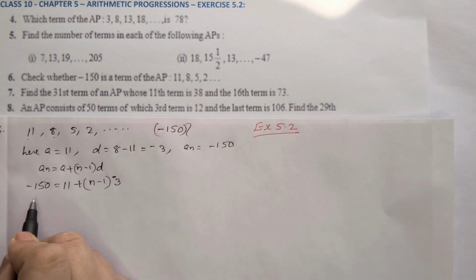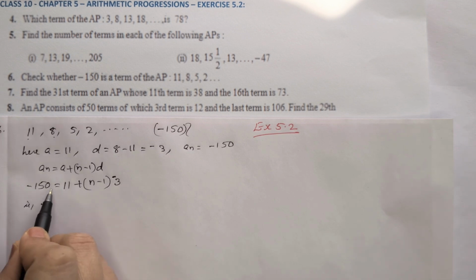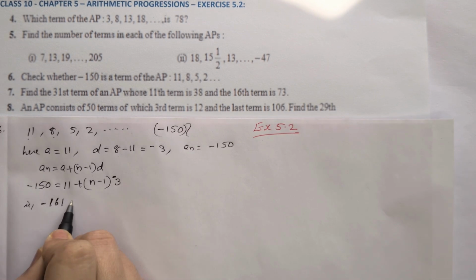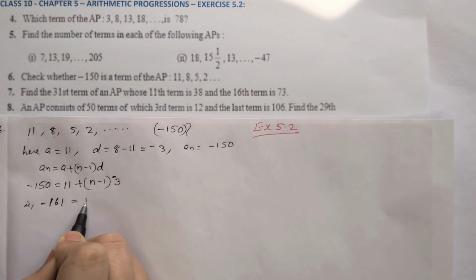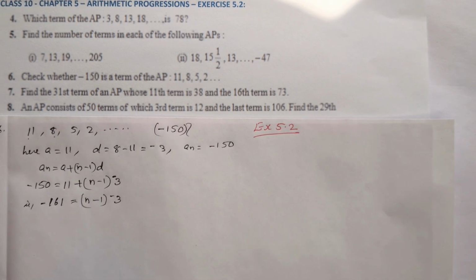So when we are moving 11 to the other side, that is minus 161 is equal to (n minus 1) into minus 3.